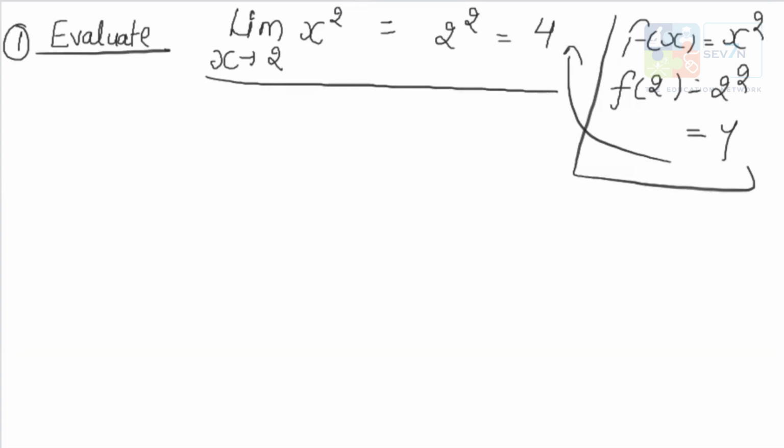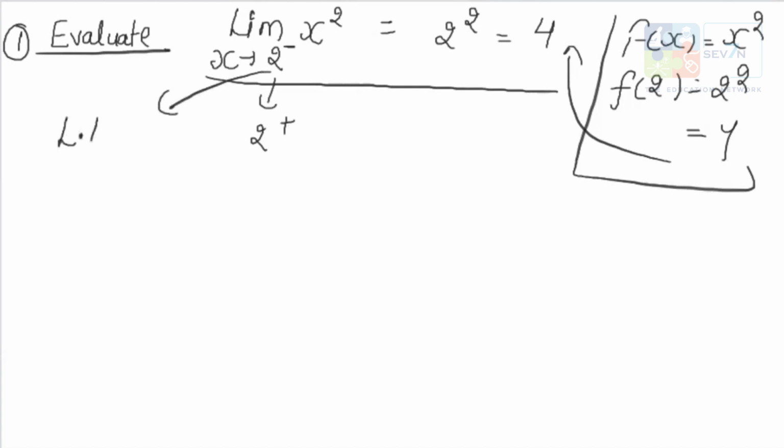Limit exists means we are getting a finite value after putting the limits. So in that case, you have to write 2 negative. 2 negative means slightly less than 2. It means that limit will be the left hand limit. And if you are writing 2 plus instead of 2 or 2 negative, it means you are tending to the value which is just above 2, just higher than 2. So that is your right hand limit. Did you get it?